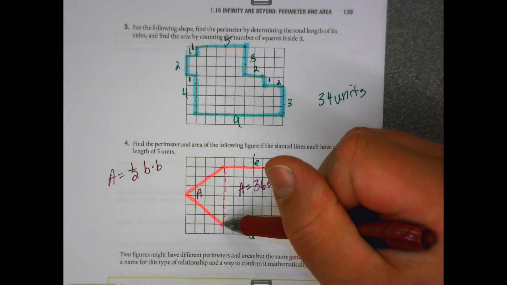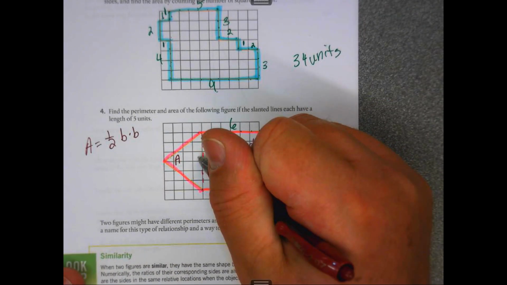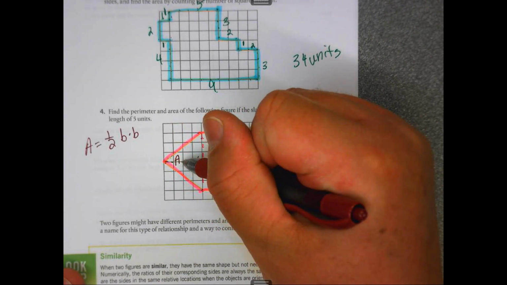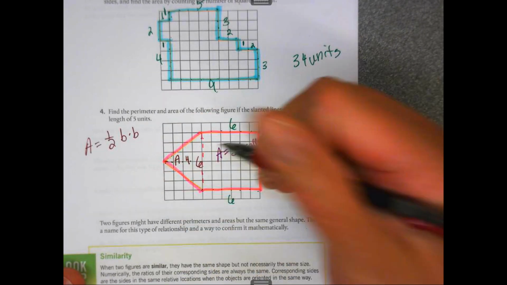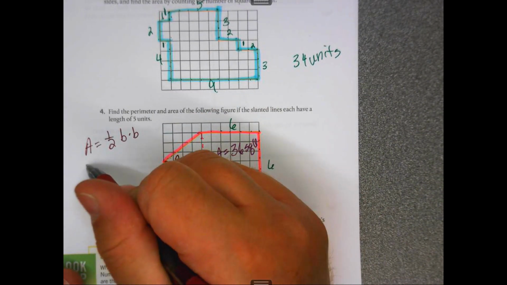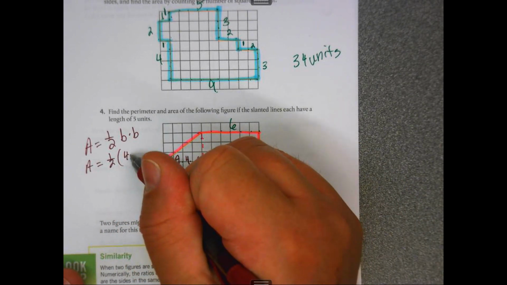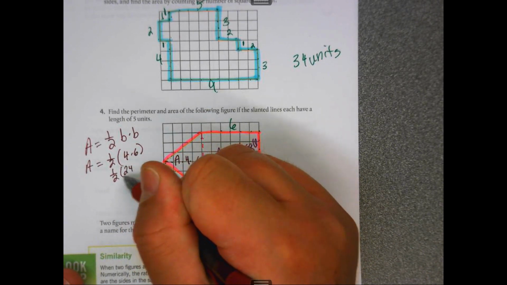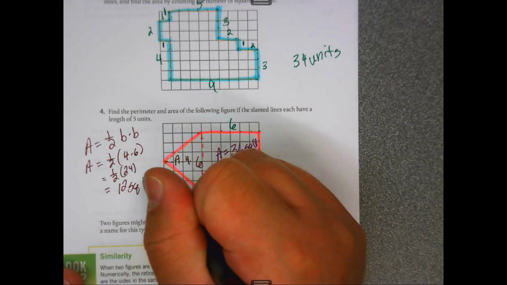Well, the base here is, if I look at this triangle this way, the base here is 6. My height, 1, 2, 3, 4. So my height is 4. So the area here, 1/2, 4 times 6, 1/2, 24, and half of 24 is 12 squared units.